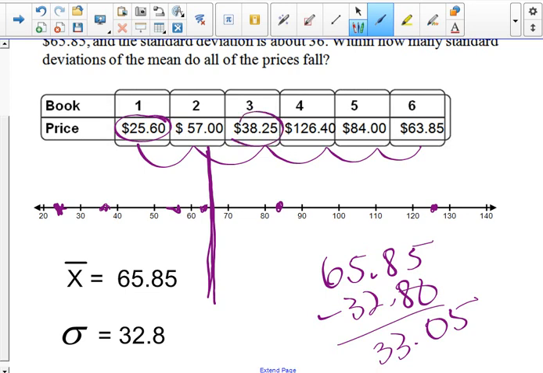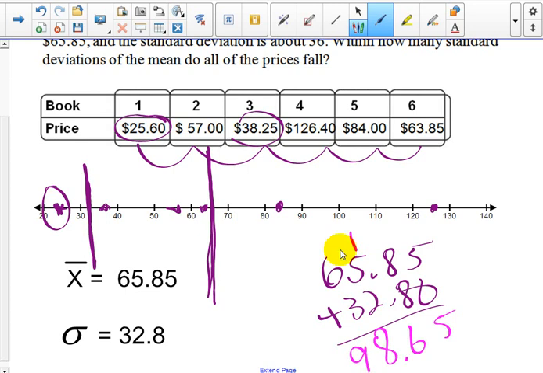So it's going to be about right here. So we know it's not one standard deviation, right? Because that doesn't include this value. Now let's add them. And you're going to get 98.65. Okay, so finish these last 2 problems and turn it in tomorrow, 7 and 8. So they're going to fall within 2 standard deviations.